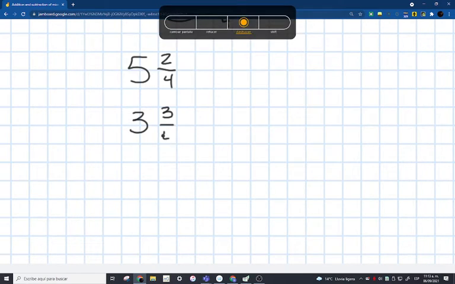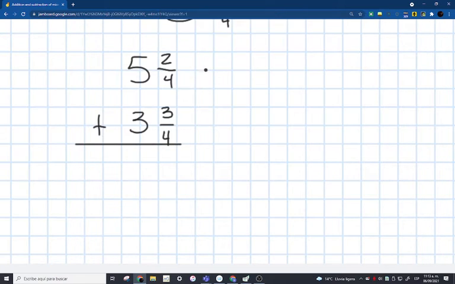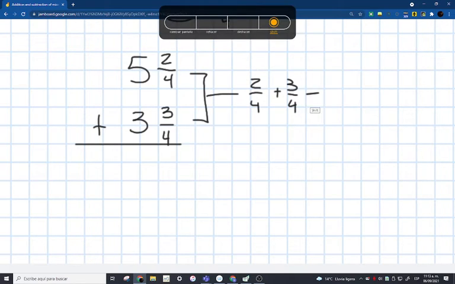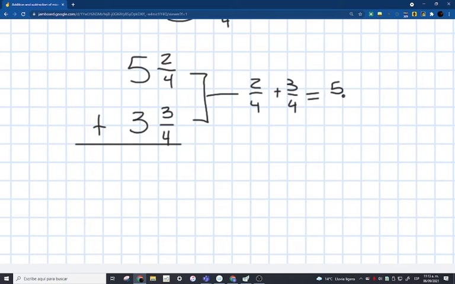Okay, so let's see what is going to happen. I'm going to make it like a normal addition, and we have to combine 2/4 and 3/4. Yes or no? Well, yes. So what is 2/4 plus 3/4? It's 5/4. And normally we would put here the 5/4.